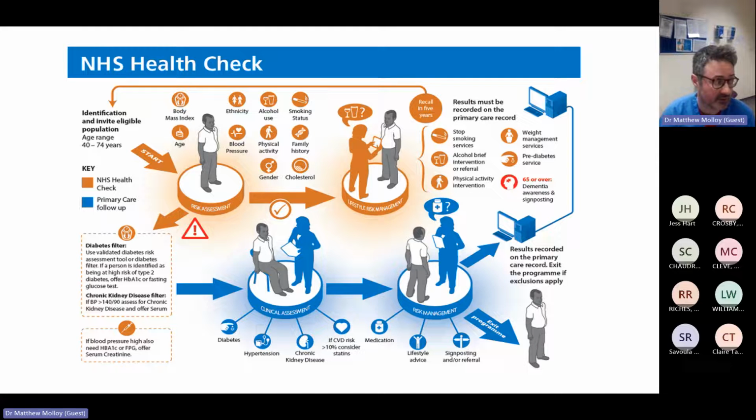If the healthcare assistant has identified cause for concern, then a more formal assessment is undertaken, and this is for checking for diabetes, further checks of the blood pressure, checks for chronic kidney disease, and if after risk assessment, which we'll talk about a bit later, their QRISK is greater than 10%, to consider statins.